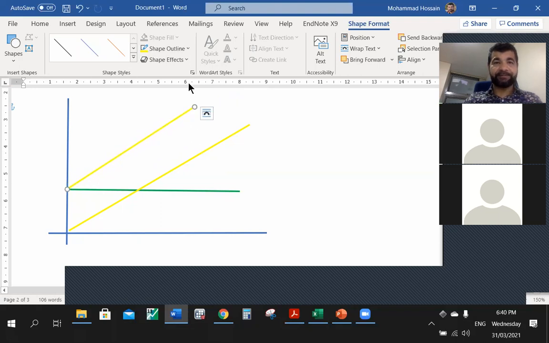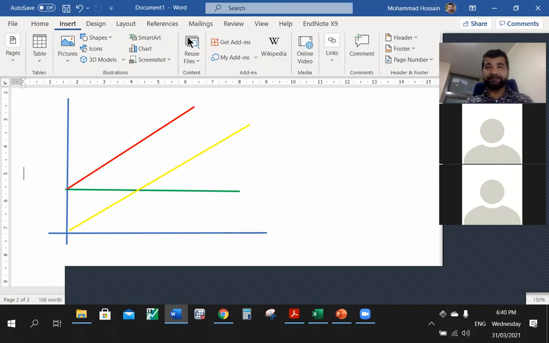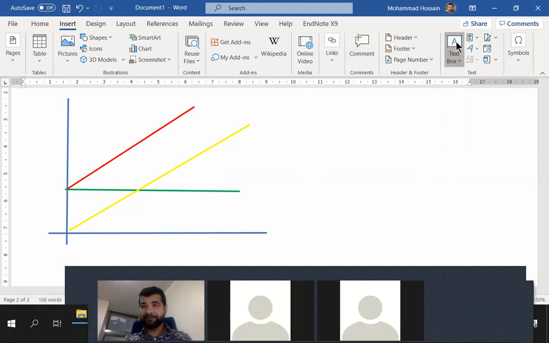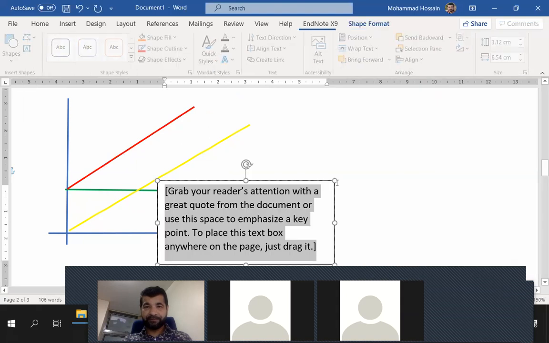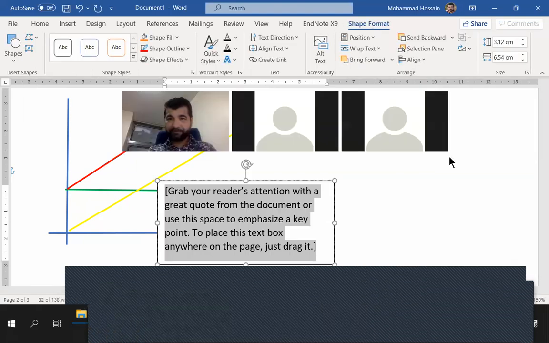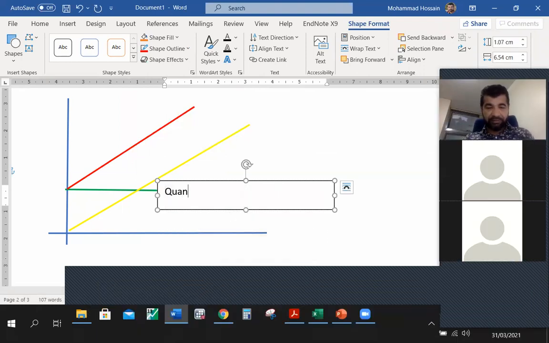Parallel to that. Let me change the color to red. And let's insert some text box. Okay, this is quantity.